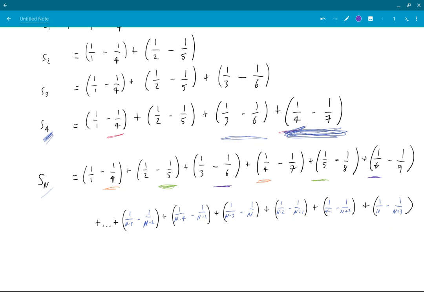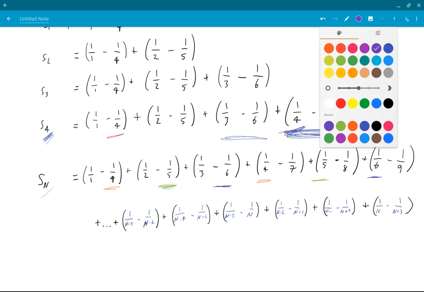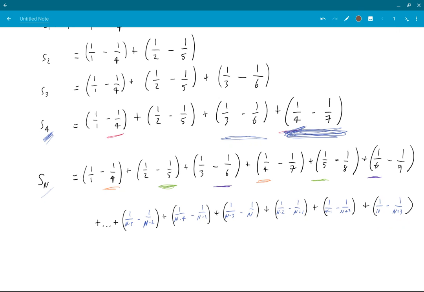On the other side of things, the first thing that pops out at me is plus 1 over N minus 3 minus 1 over N minus 3. Oops, that's a mistake. My stuff in brown is a big mistake. Oops, start over.